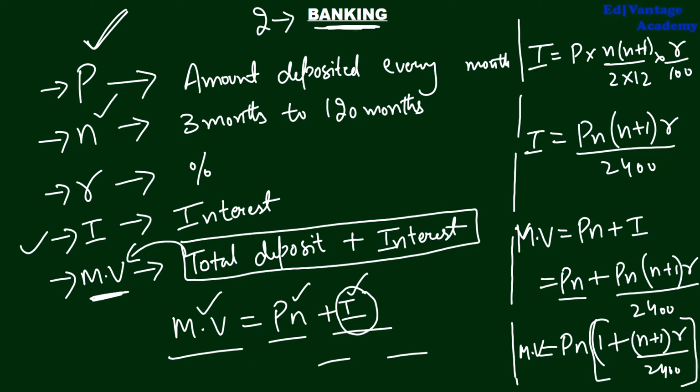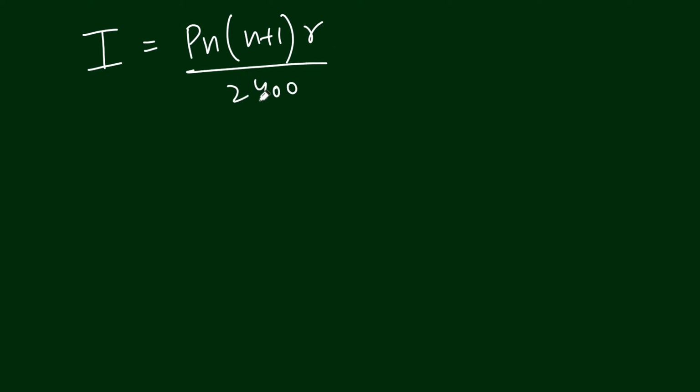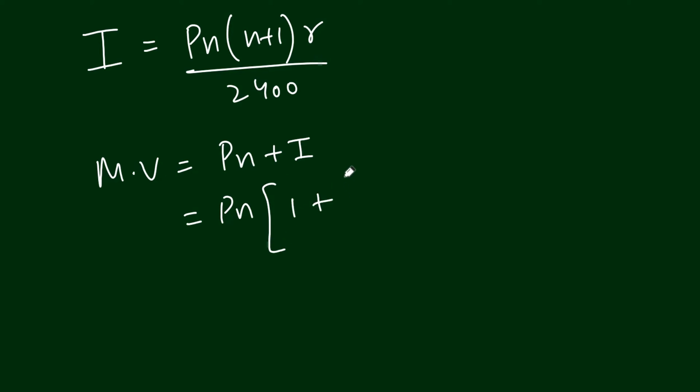So now we can see that we have got the interest formula, which is P into N into N plus 1 into R divided by 2400. We have got the maturity value formula, which is P into N plus I, which can also be written as P into N, 1 plus N plus 1 into R divided by 2400.